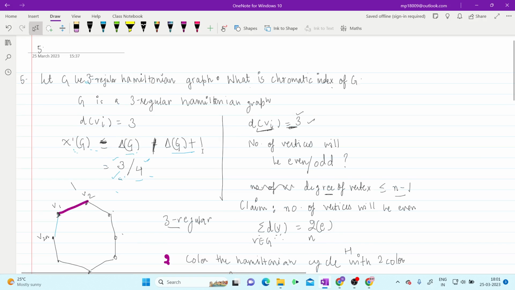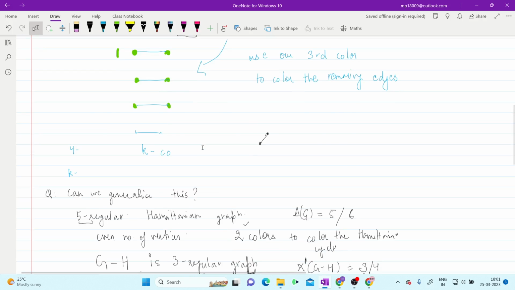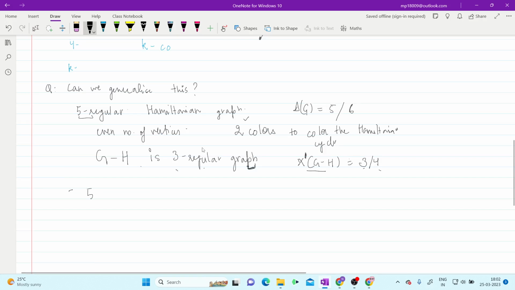For the 3 regular case we can say it will always be 3, but for this I have no direct result. Maybe there are some 5 regular Hamiltonian graphs whose chromatic index will come out to be 5, and some 5 regular Hamiltonian graphs whose chromatic index will come out to be 6.